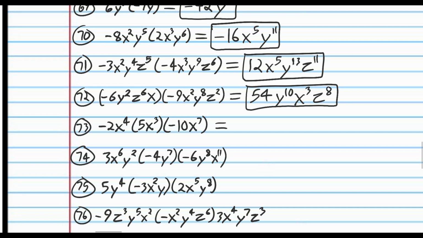And now we have three terms that we're multiplying. So we have to multiply -2 times 5, and that gives us -10. And x to the 4th times x to the 3rd is x to the 7th. So I'm just adding those powers.